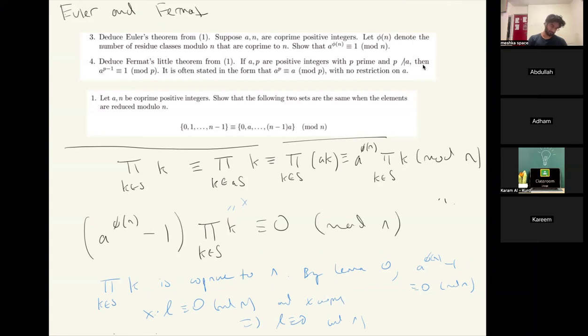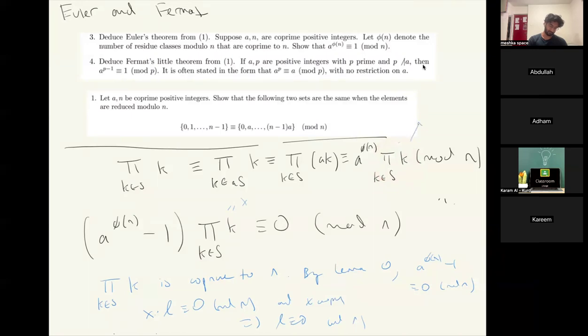You're saying directly from here. Yes, right, because they're coprime. What we're really doing in all these cases is this: let's call this number x.